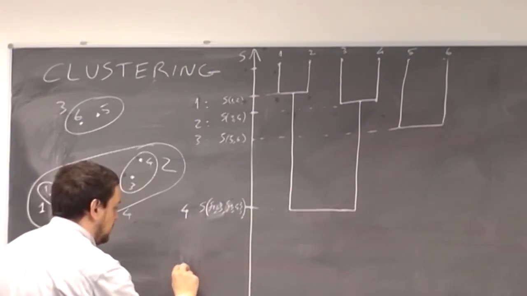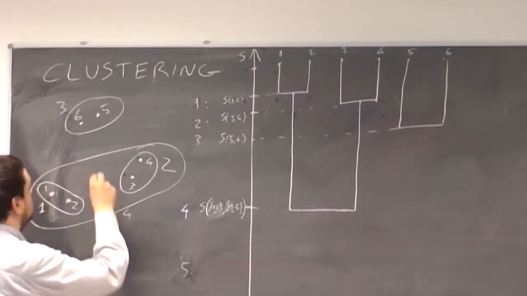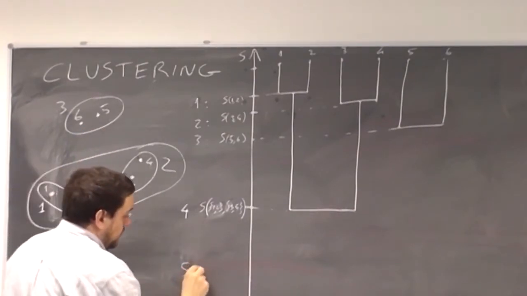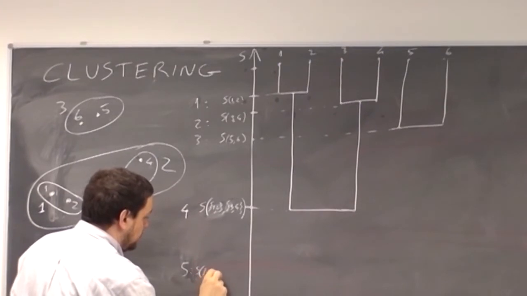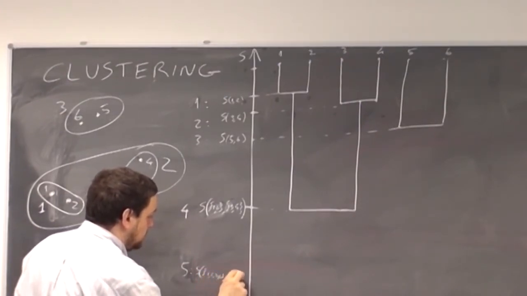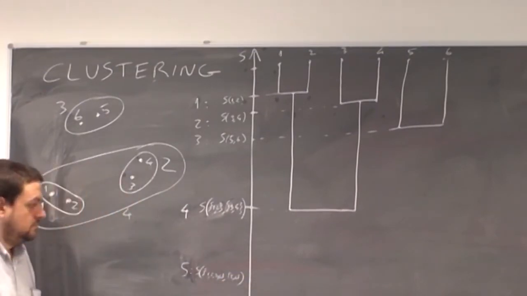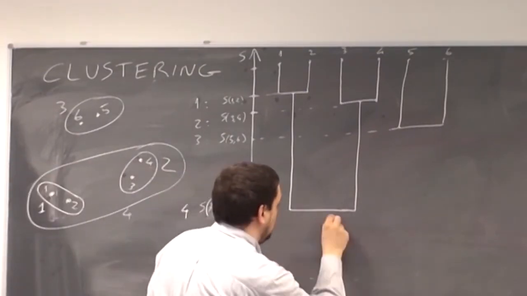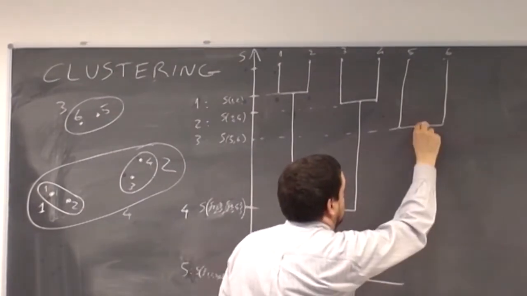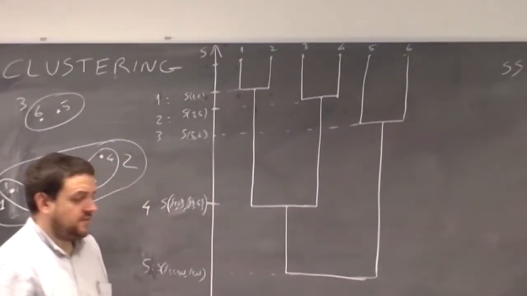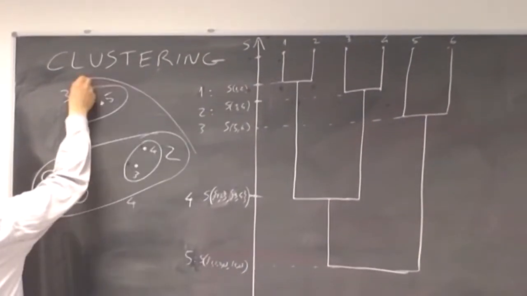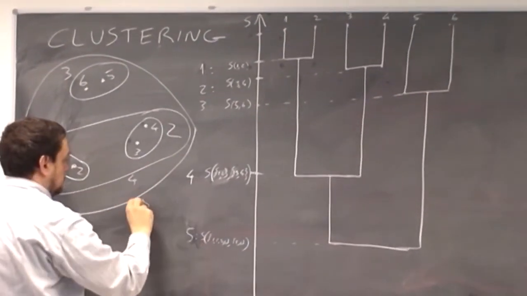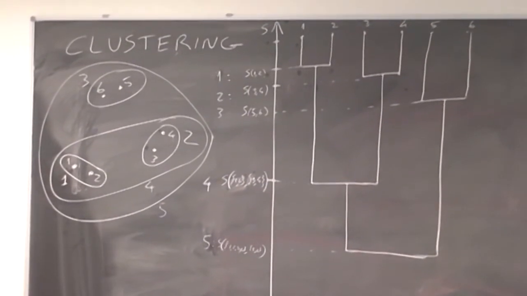Finally, at step 5, we consider the only remaining similarity, between the set 1, 2, 3, 4 and the set 5, 6, and join them together. At this point, we have one large cluster at step 5.